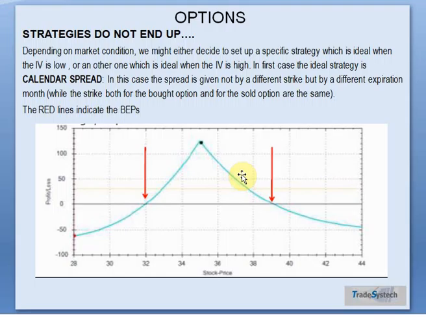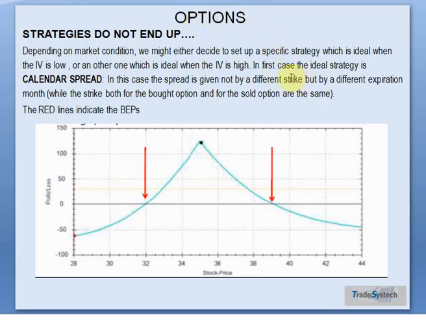One of the main things that every option trader does is to have a look at this VIX. When it's high and descending, we might decide to open a specific strategy, while when it's low and getting higher and higher, then I might decide to open a different strategy. Depending on the market condition, the market is demanding what we need to do, and we try to follow the market.